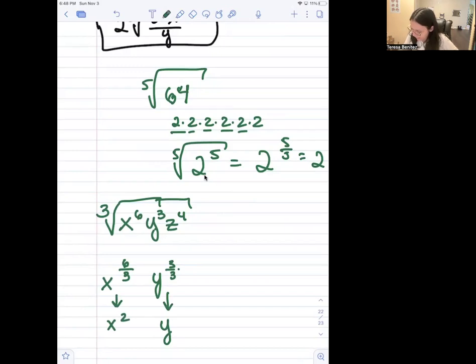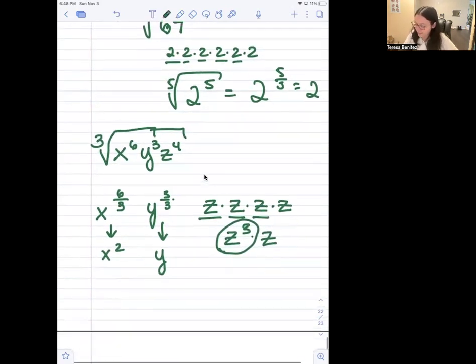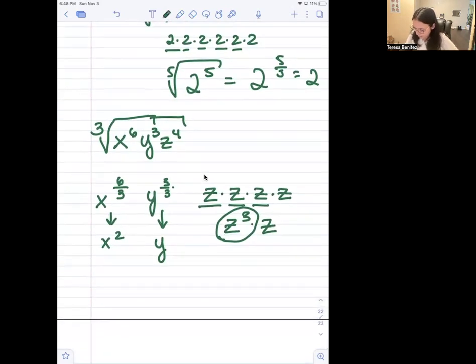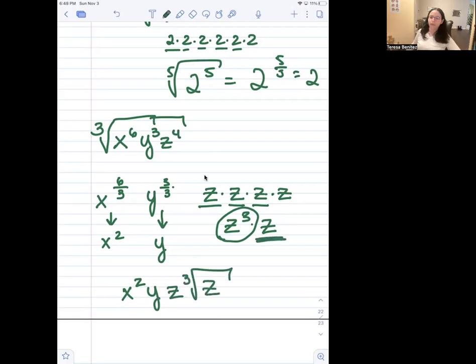And then z to the power of 4 is z multiplied by itself 4 times. So 3 of them: I would have z to the power of 3 times z. So this one gets out of the radical. This will be equal to x to the power of 2, y, z, and then the cube root of z because I couldn't get one of them out.